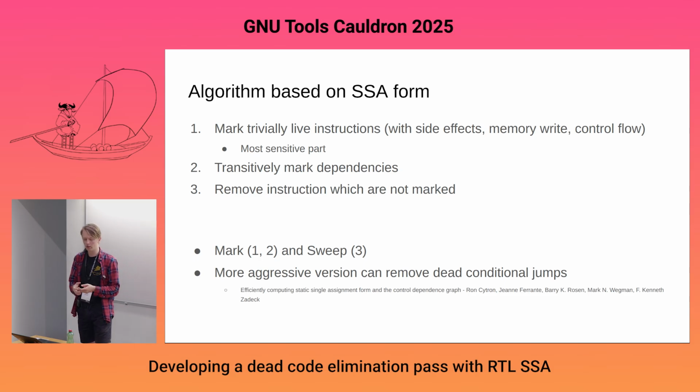For example, they can remove conditional jumps. However, we decided not to implement this stronger version because it is already implemented on Gimple with SSA, and it doesn't make sense to remove that code on RTL. It should be deleted on Gimple.